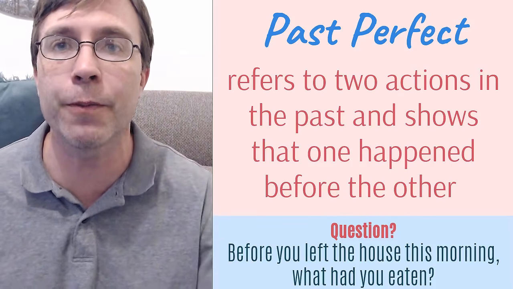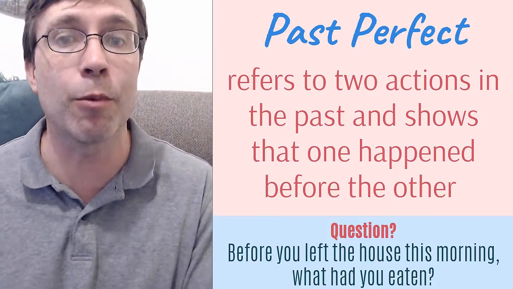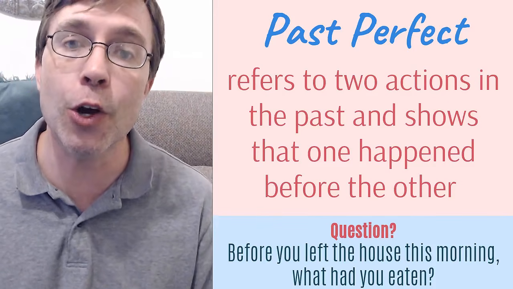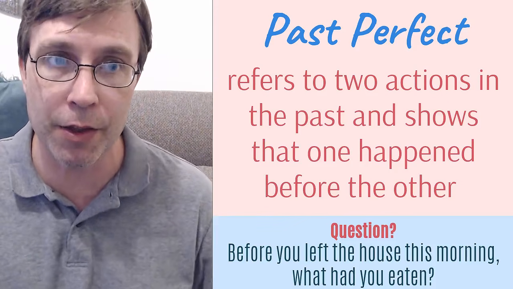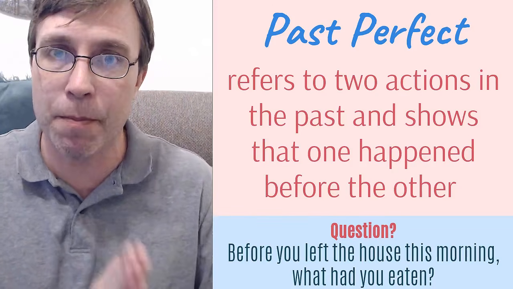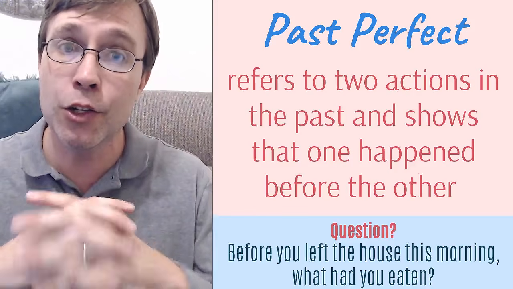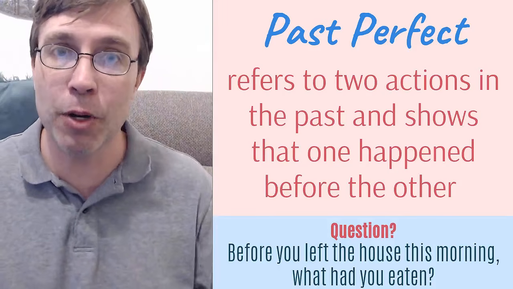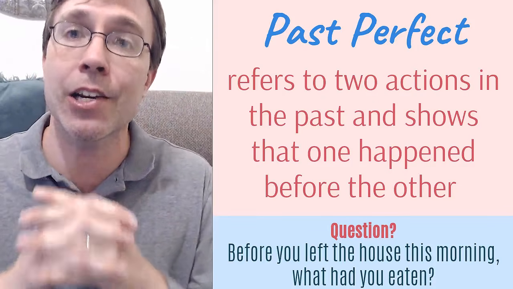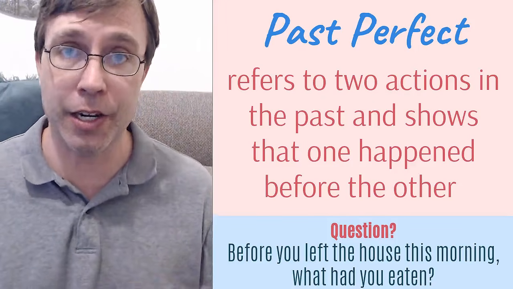The past perfect, again, the perfect tense, refers to two actions in the past and shows that one happened before the other. Remember, the present perfect is an action in the past that has a connection to the present. The past perfect is an action in the past that has a connection with another action in the past.